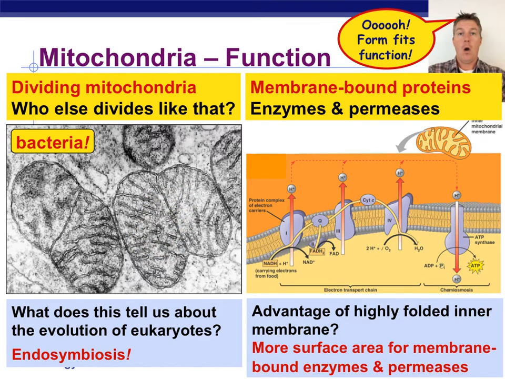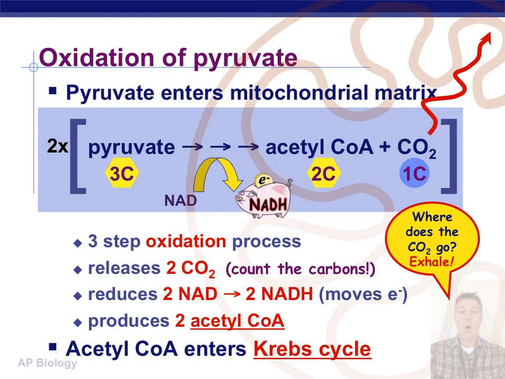And so it's hypothesized that bacteria or other prokaryotes at one time began an endosymbiotic relationship with other cells and actually became a part of their core organismic makeup, and that's the evolution of eukaryotic cells.